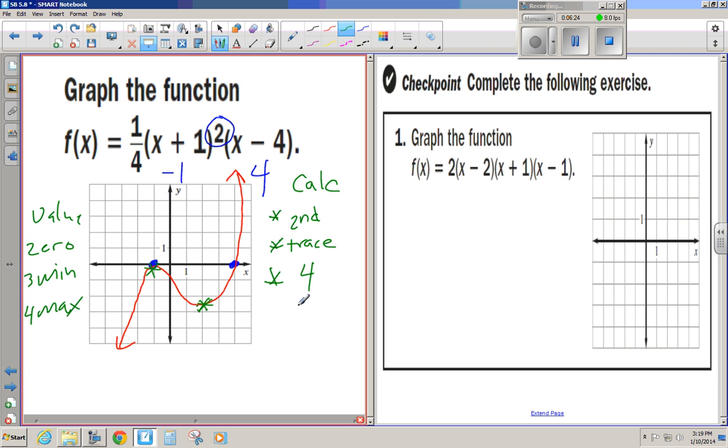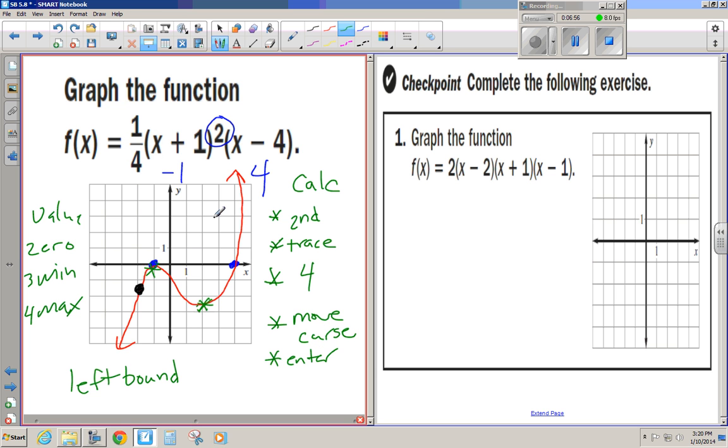And when you push 4, you should see your graph, and it should say left bound. Now you're going to move the cursor. So you're going to use your arrows, and you're going to get to the left of that point. Basically, you're going to move to the left until you get to somewhere on this side of the maximum. Then hit enter.